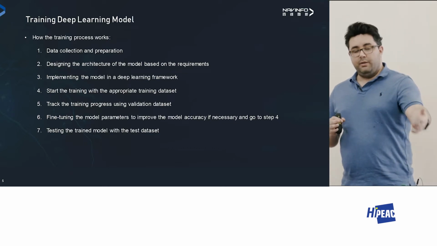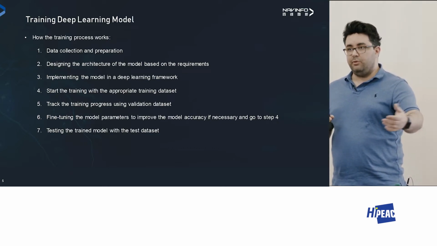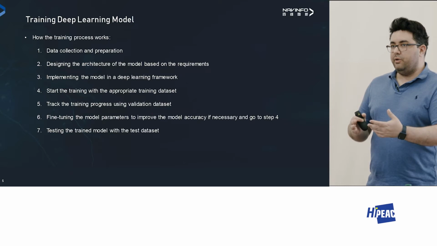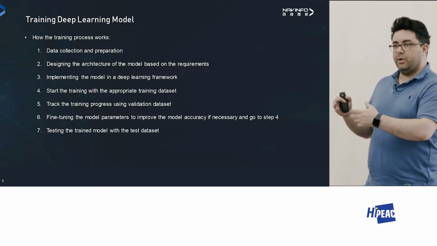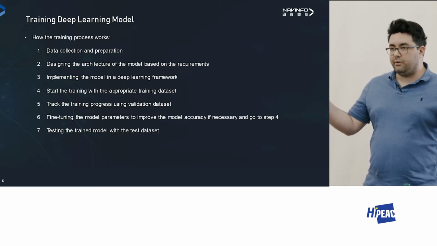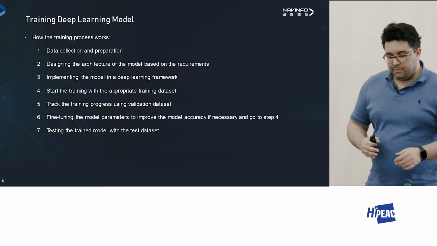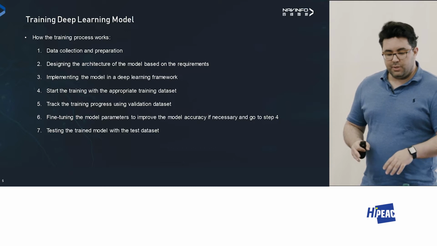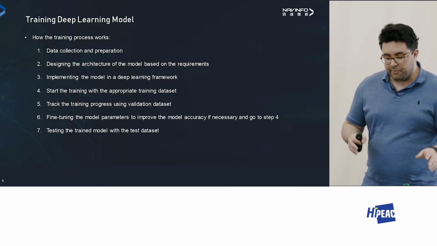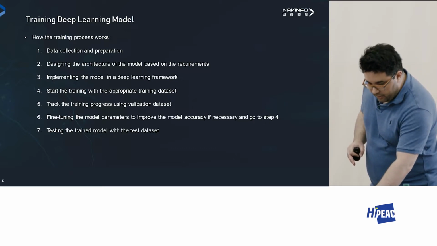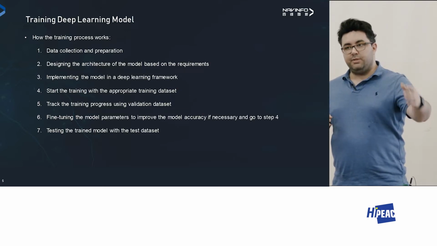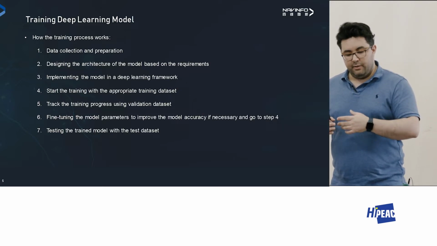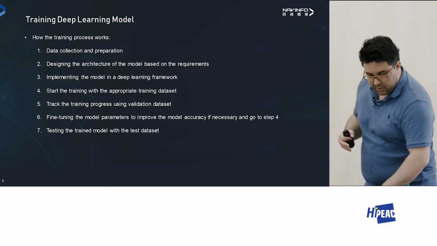Then we will start training the model, usually using a powerful device like GPUs, or if the model is very large, a cluster of GPUs or specific accelerators, like the tensor processing unit of Google. We will iterate over the data set and observe that the model is training.